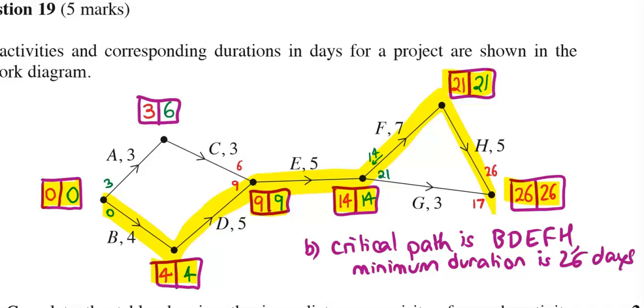Part C says the duration of activity A is increased by 2. Does this affect the critical path for the project? Give a reason for your answer. Pause here to try yourself. So, supposing that was a 5, what impact would that have?